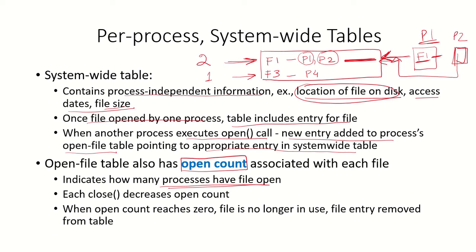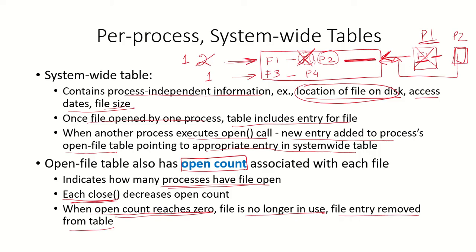So whenever there is a close, if P1 wants to close this file, that means P1 is no longer using F1, so its entry will be removed and the open file count will be decreased by 1. Whenever the open count reaches 0, that means the file is no longer in use by any process, so its entry will be removed from the system-wide table.